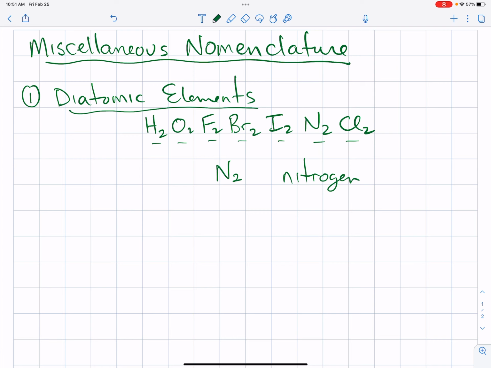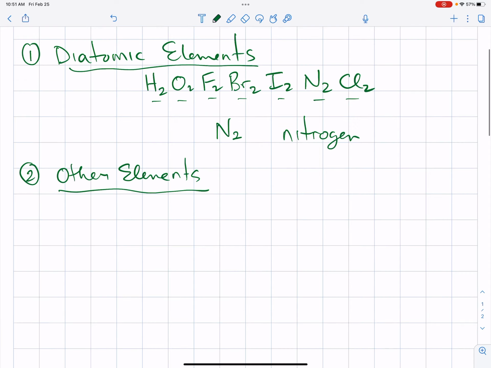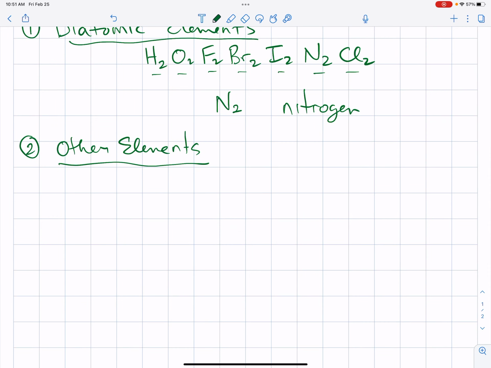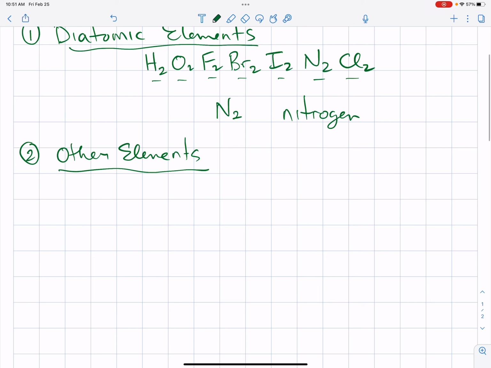So, diatomic elements. There are also some other elements that have just kind of strange chemical formulas. Oxygen has more than one form in the atmosphere. While it's usually O2, the Hofbrinkel diatomic form, it also has a form where it's O3, so three oxygen atoms connected together in a small molecule.